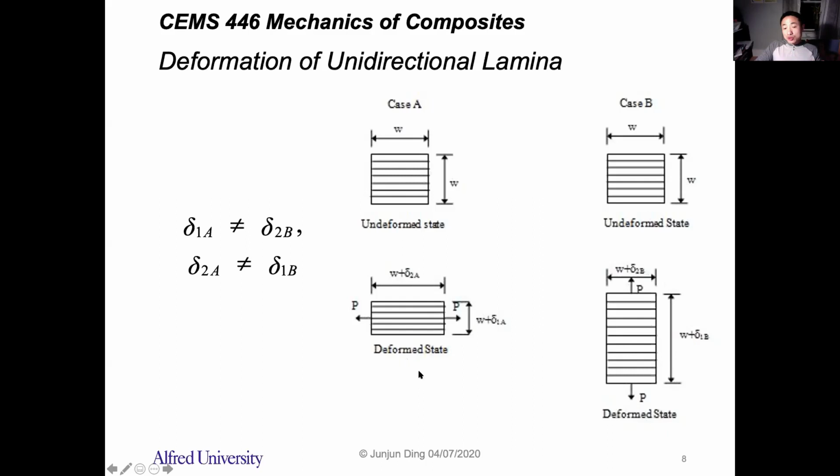Usually the Young's modulus in the one direction is much higher than in the two direction. So you can imagine that delta 1A here should be much smaller than delta 1B, right? This one should be much smaller than this one.